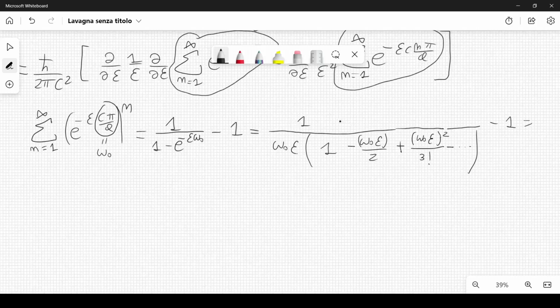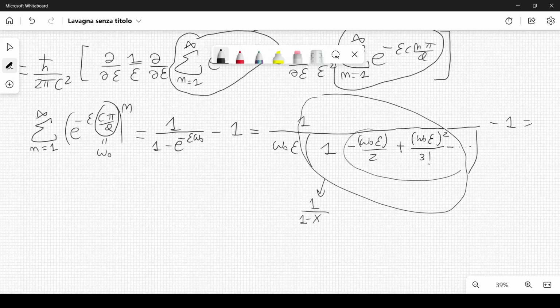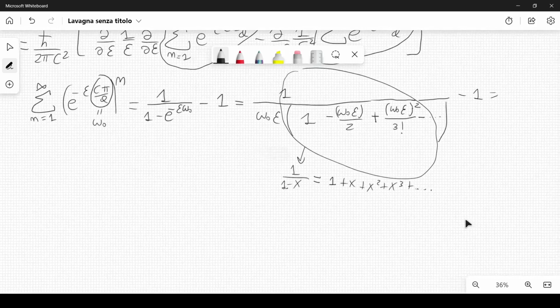Right? And now here you can see that this term is something like this: we have 1 over 1 minus x, where x is of course given by all these terms with a minus sign. So you can define x from here, but we know how to expand this. This could be expanded like this: 1 plus x plus x squared plus x cubed plus dot dot dot. Okay, so you have more terms. And basically that same idea, we want to apply it to that.